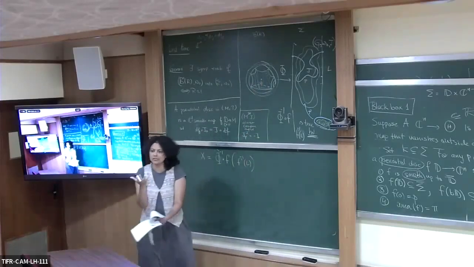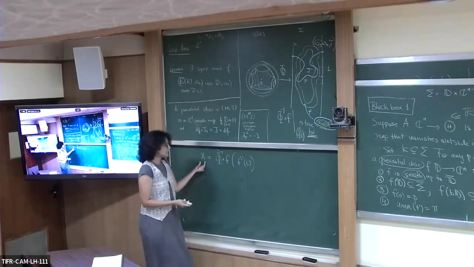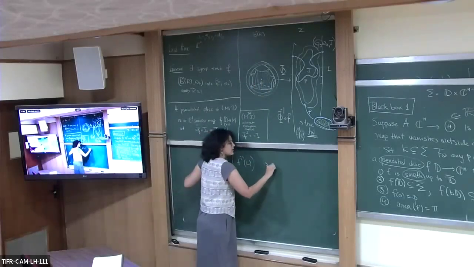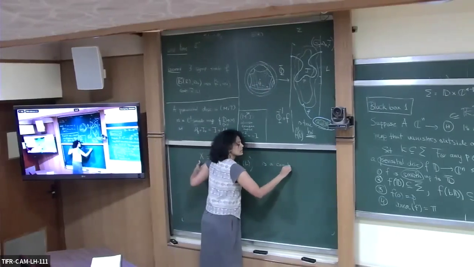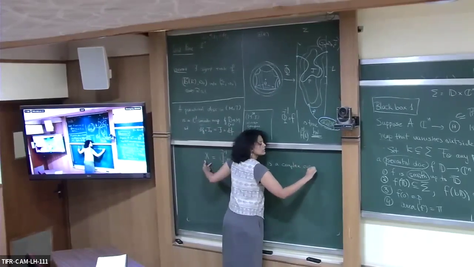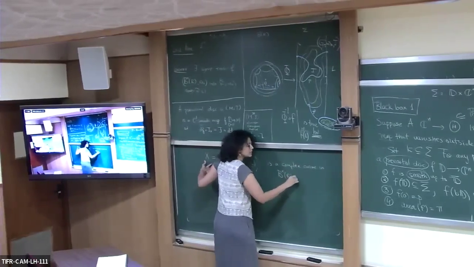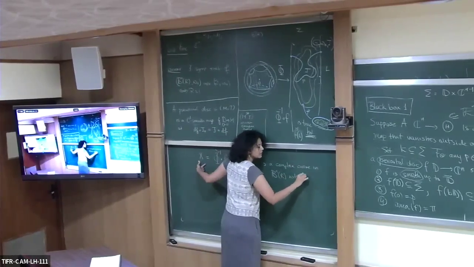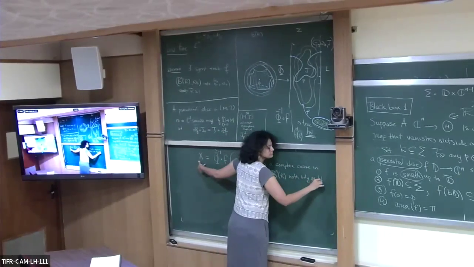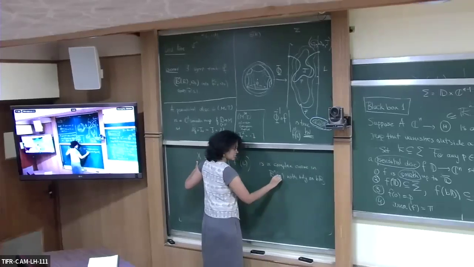I'm only looking at the blue part. That's capital X. This is a complex curve in the ball with boundary on the ball. By the way, this is the smaller ball.